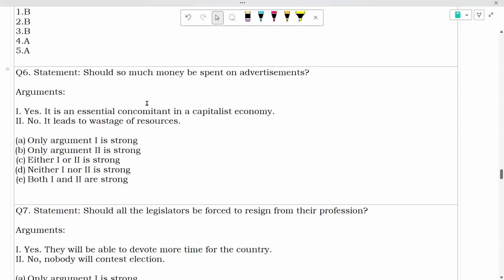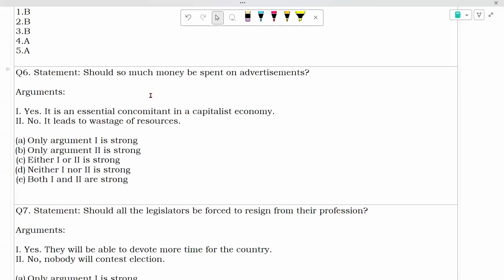It says, should so much money be spent on advertisement? Should so much means a lot. Okay. So much money be spent on advertisement. One of the person says yes, it is an essential concomitant in capitalist economy. That is, it is essential in a capitalist economy.